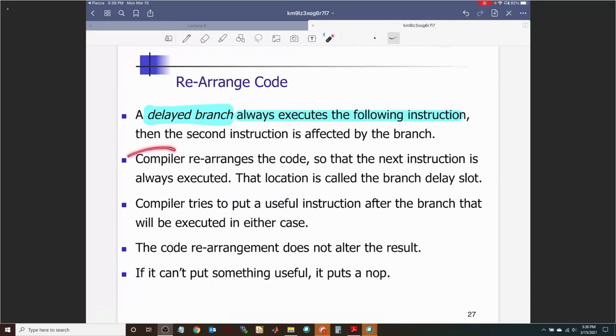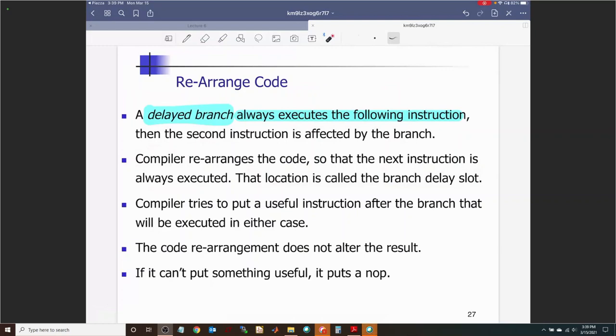The compiler is going to rearrange the code so that the next instruction is always executed. That location is called the branch delay slot. So the instruction that follows the branch statement is called the branch delay slot. Things in the branch delay slot are always executed, no matter whether you are taking the branch or not taking the branch.